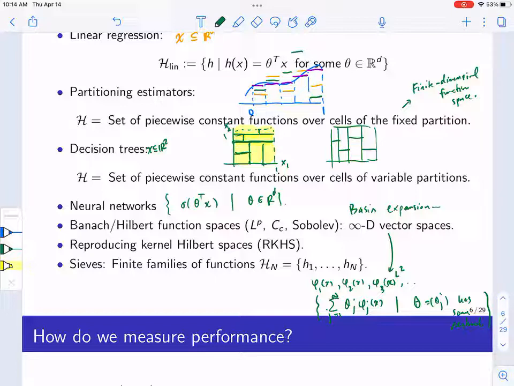They might be very difficult to implement in practice, but they're usually a theoretical device. So you can approximate a lot of these cases by sieves, or finite families of functions, and then approach the entire class as you increase n.